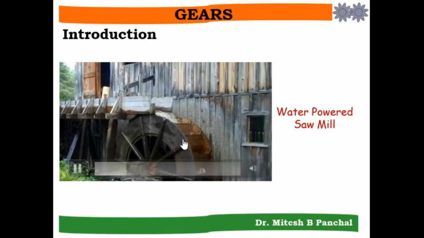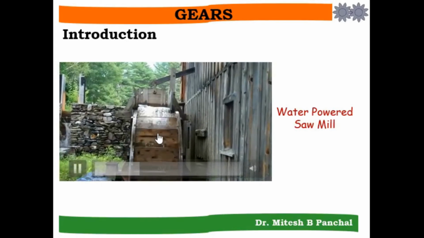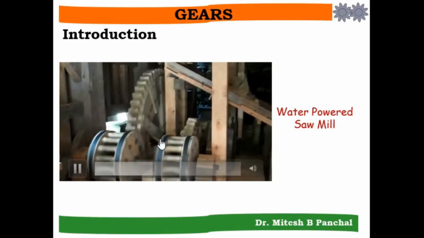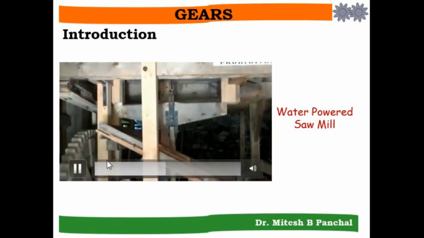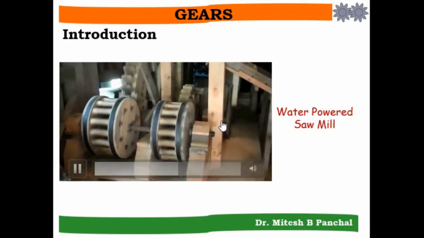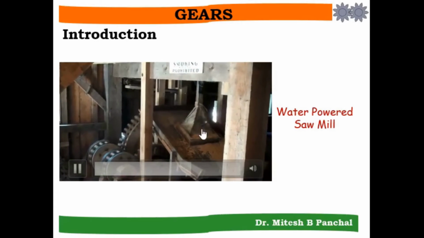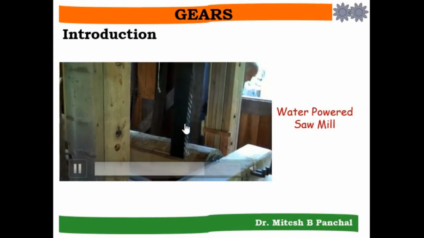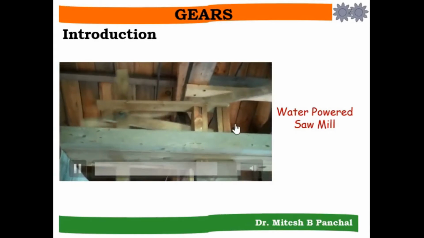You can see here the flowing water is driving this giant wheel. This water flow is used to drive the gear, which ultimately drives the inside gear mechanism and provides the motion to the hacksaw, to cut the wooden log.